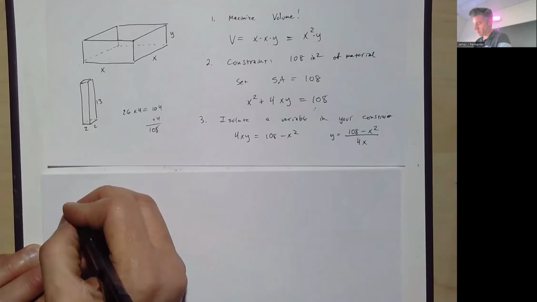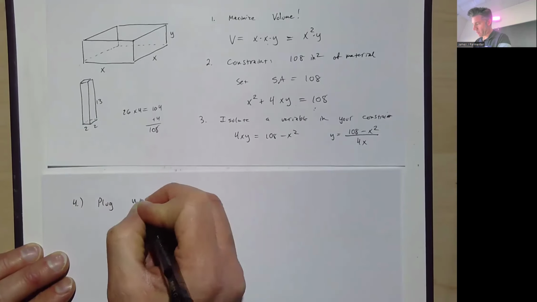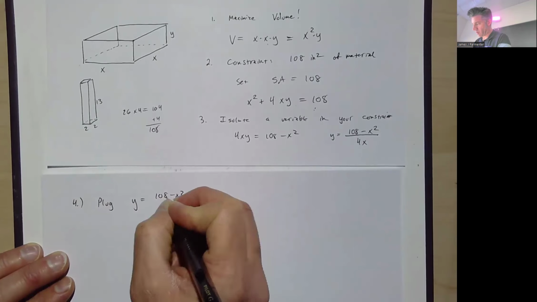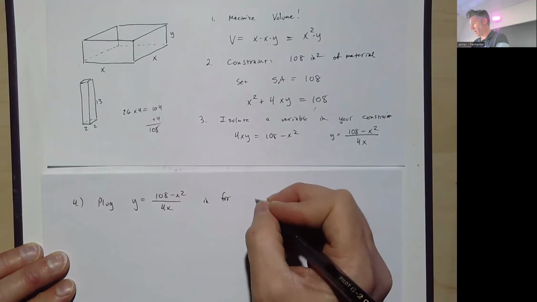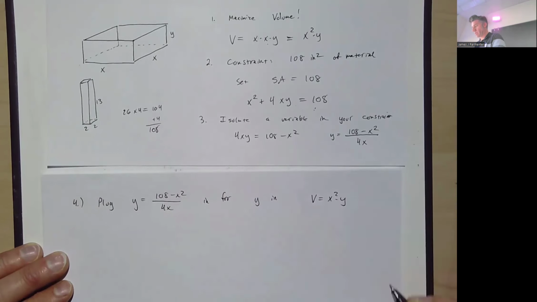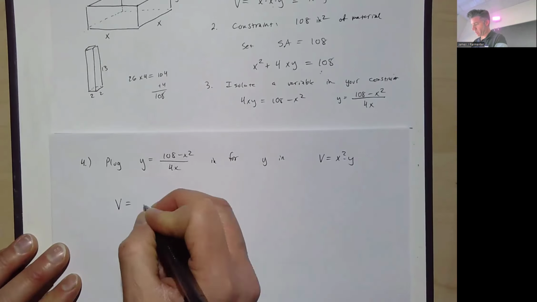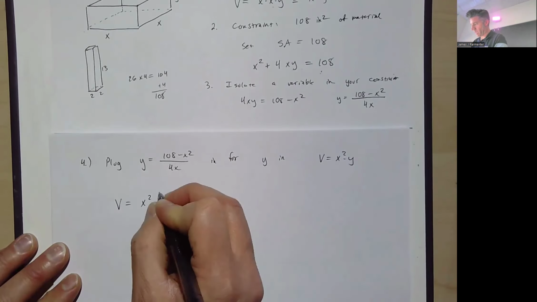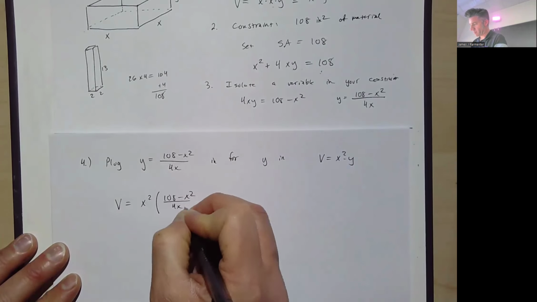We plug y equals (108 minus x squared) over 4x in for y in the equation, volume equals x squared times y. So our new volume equation is x squared times (108 minus x squared) over 4x.